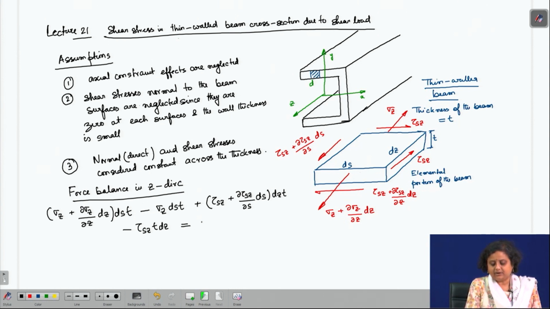And that is because for equilibrium the elemental portion has to go to 0.